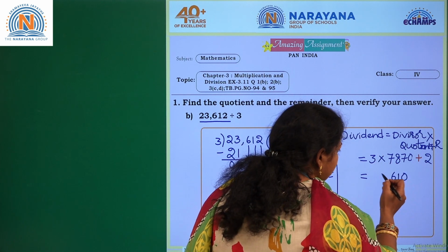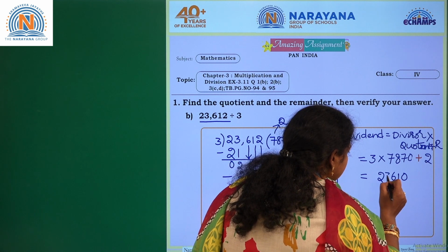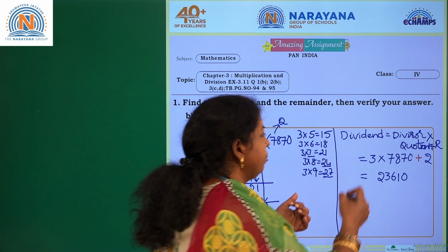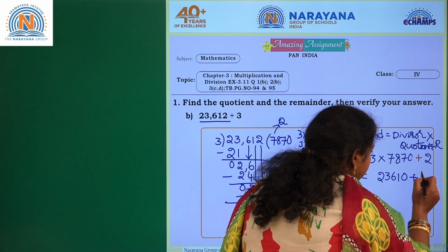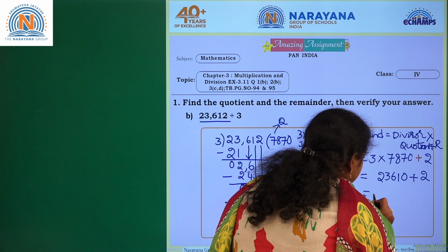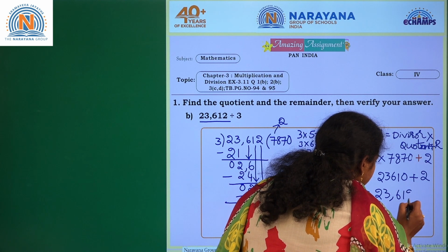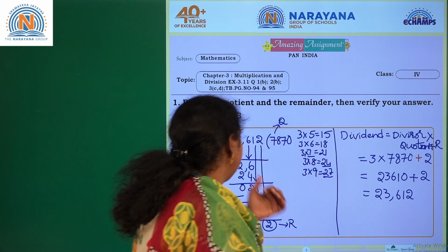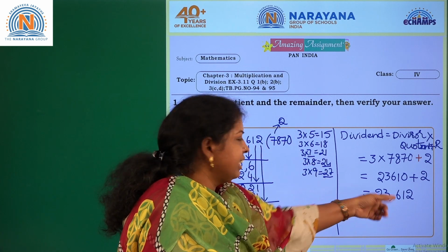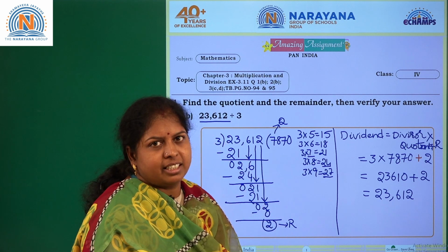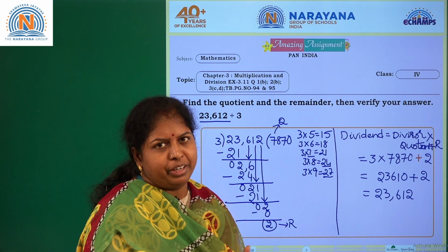And 21 plus 2 is 23. 23,610 plus the remainder, that is 2. So what is the dividend you obtained? 23,612, which is our required dividend. So our quotient and remainder are correct. Like this you have to verify.